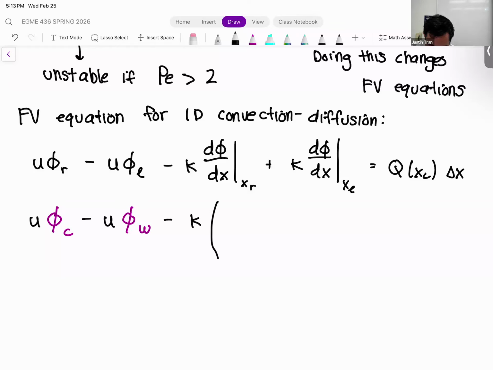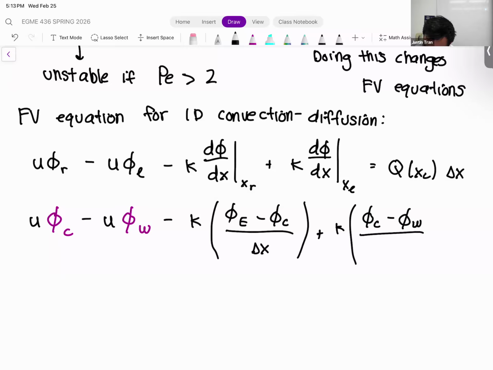Our derivative here, we're still going to use a finite difference: phi sub e minus phi sub c all over delta x, plus k, phi sub c minus phi sub w over delta x. The right-hand side is unchanged: it's still Q of xc multiplied by delta x.